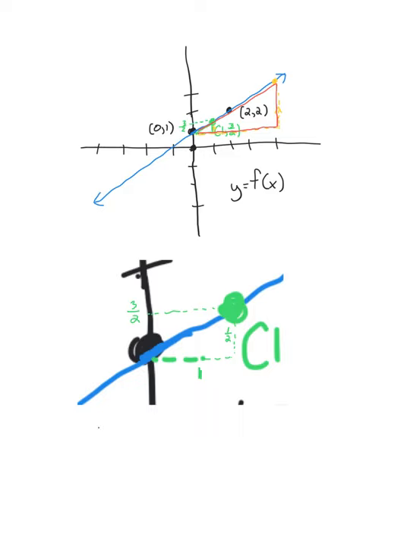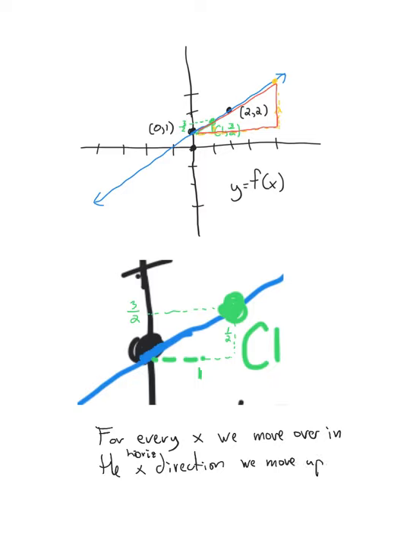So that tells us for every, no matter what point we move over, for every, let's say, x we move over in the x direction, x is the horizontal direction, we move up half of that amount in the y direction, or vertically.